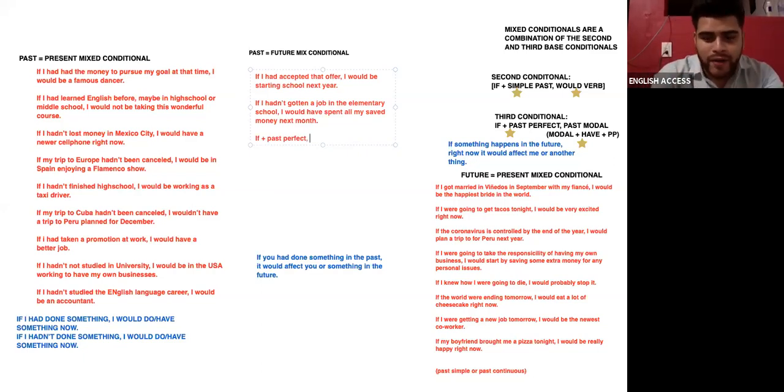But after the comma, you can use would verb, or you can use a past modal, depending on the context. And you can also even use the continuous modal. You know, would be. I would be spending all my saved money next month.